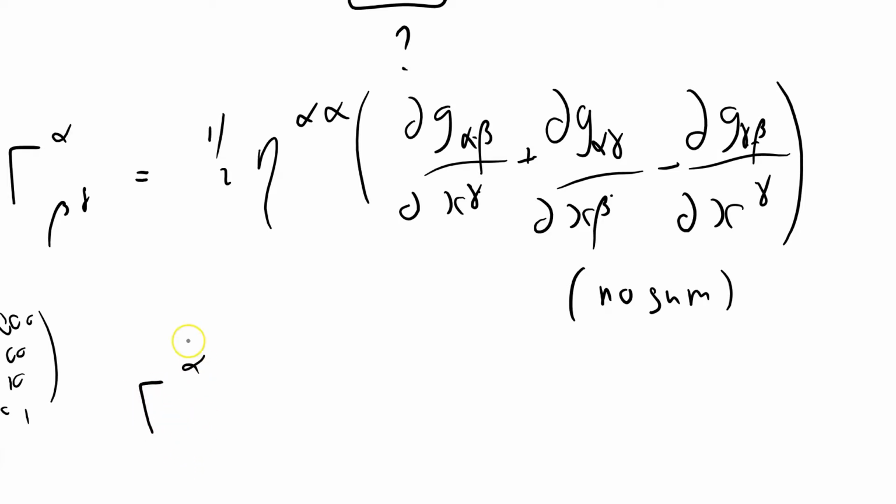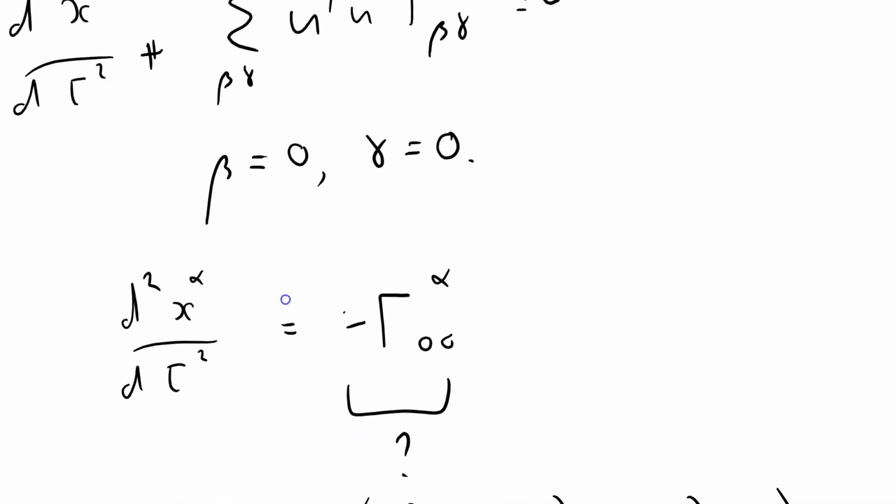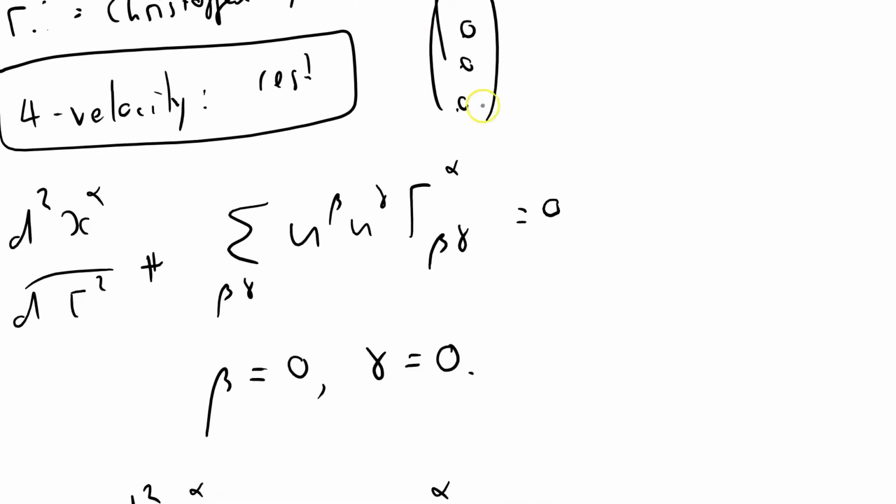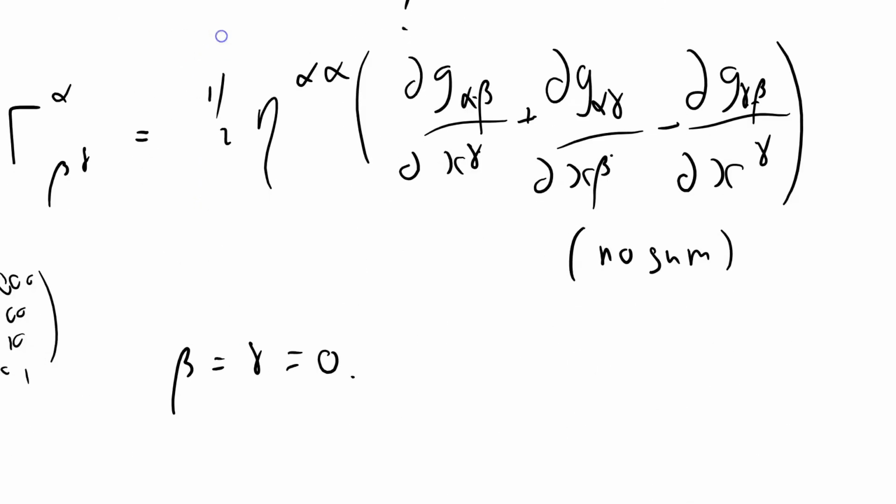Keep alpha free, no sum over alpha there. Now I'm going to specify that beta equals gamma equals 0 because of the 4 velocity condition which I originally imposed. The particles are at rest to begin with.